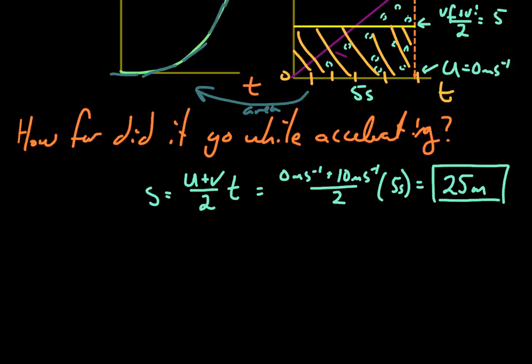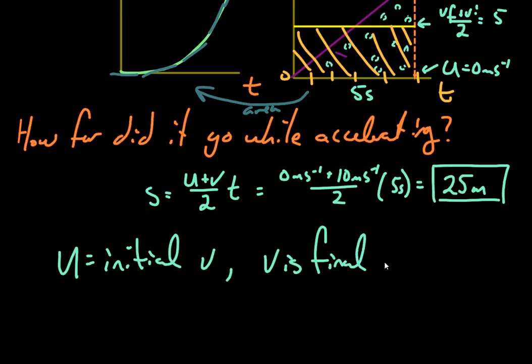Just to clarify here, because I might not have been clear, u is the initial velocity. V is final velocity, and S is displacement. Not change in displacement, change in position. It's displacement.